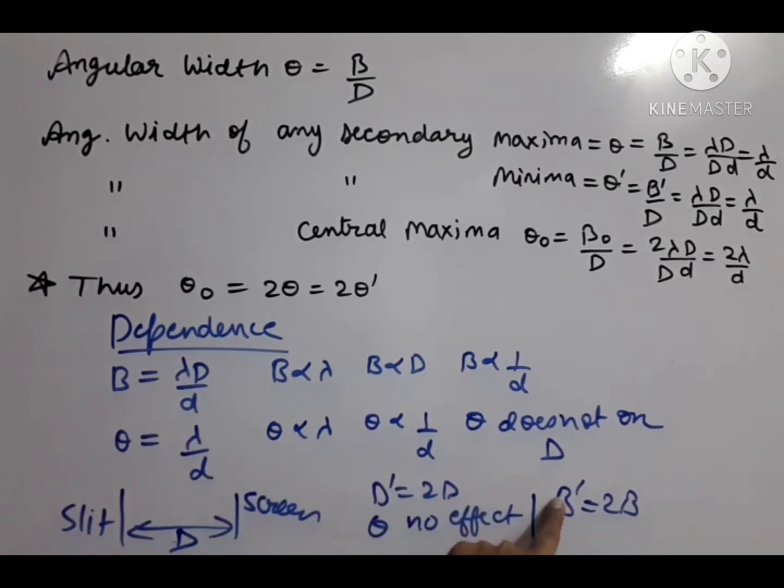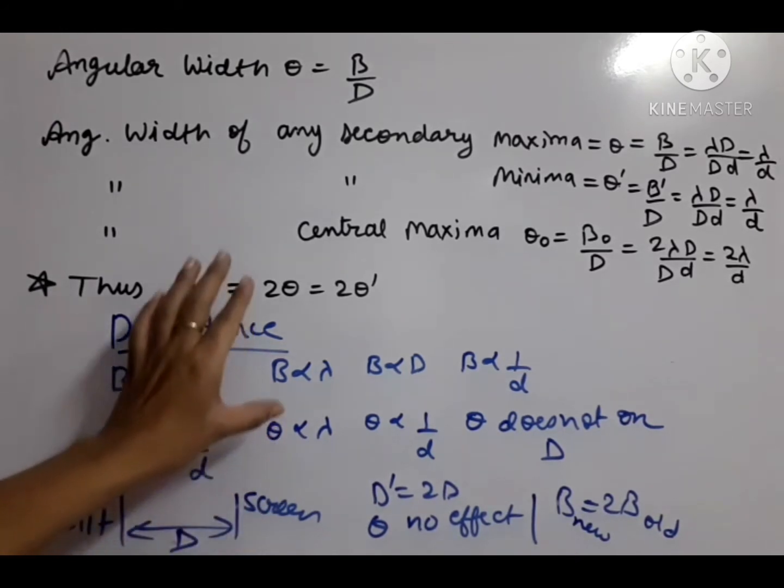So fringe width will get doubled of initial beta. This way. Okay. So here beta dash I should not write. I should write beta new and beta old, because beta dash is for minima case. So beta will be doubled if distance between slit and screen is doubled.